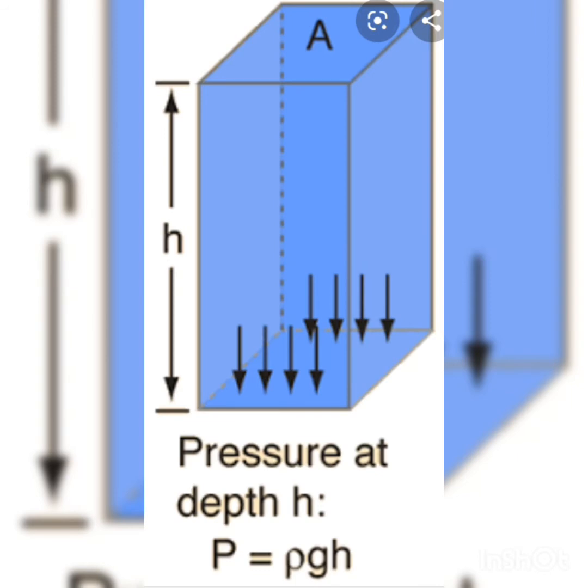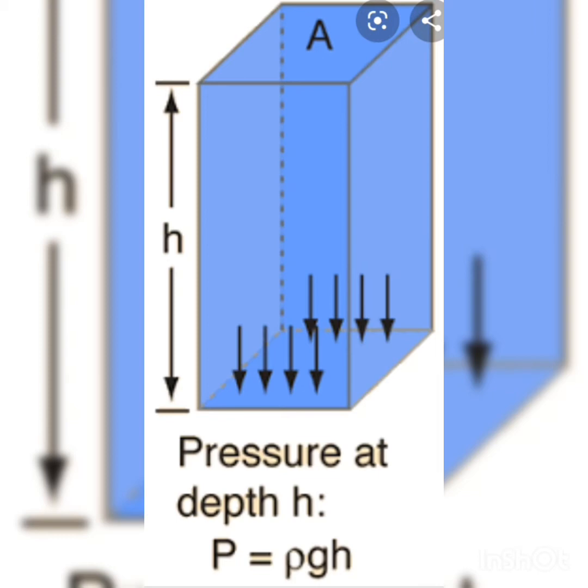This shows that more the value of h, more will be the pressure. That is, more the depth of the point from the free surface, more will be the pressure exerted. Point 2: more the density of the liquid, that is more the ρ, the pressure will be even more.